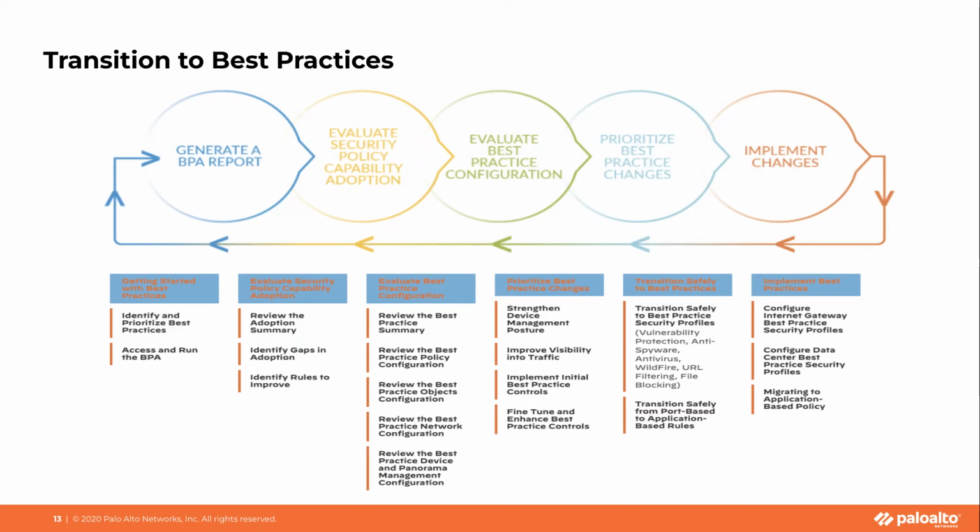Once you implement those changes, run the BPA again to measure progress and prioritize the next set of security improvements. So you can see here the flow. You need to generate the report and then evaluate the security policy adoption. Then evaluate the best practice configuration, implement and prioritize those changes, and then rerun the report, and then the second phase starts.